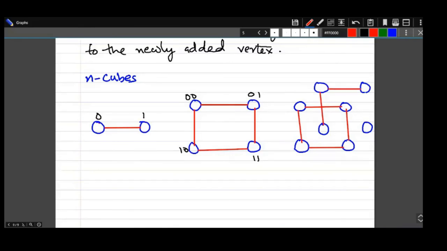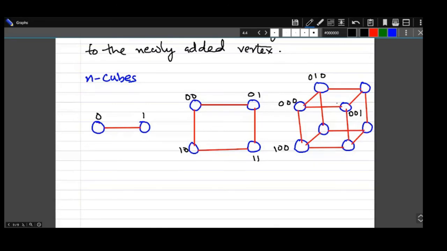Okay, now you can see that it is a cube. Then the numbers can be like 0 0 0, and then there's just one bit difference. Oh sorry, you can have 1 0 0, and this can be 0 1 0. And then there can be another bit difference, and you can go on like that.